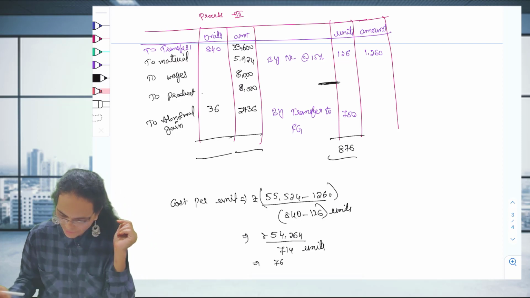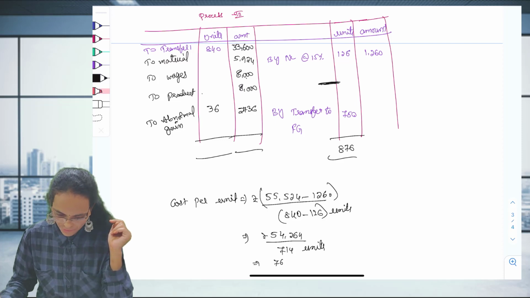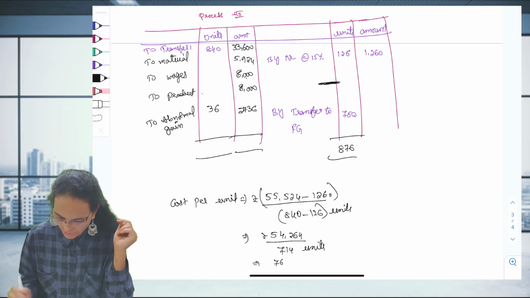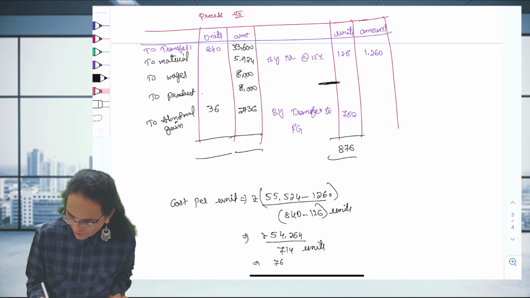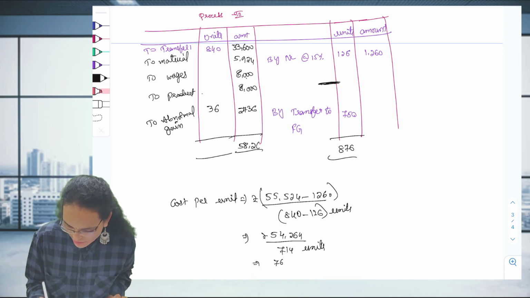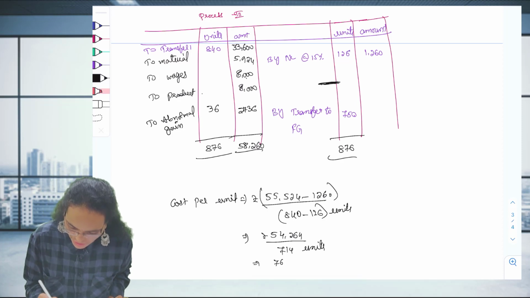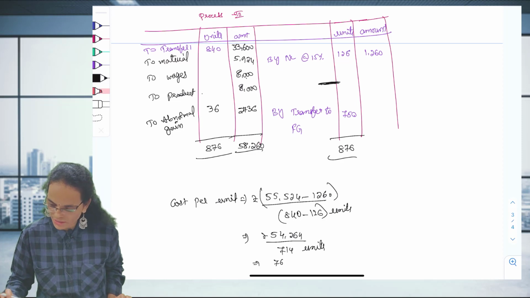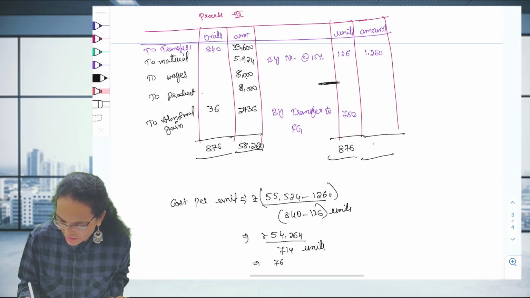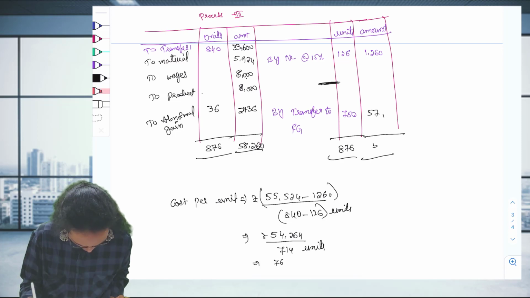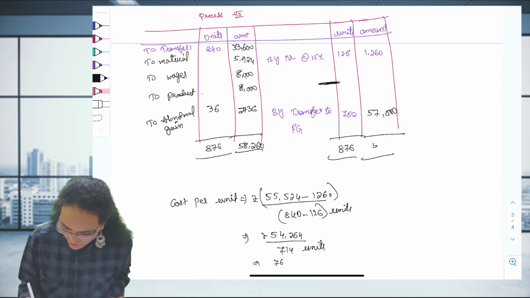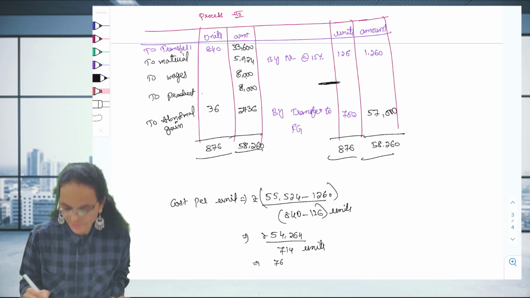Total 58,260, and here units also 876 minus 1,260, that is a balancing figure, 57,000 here. So here also you'll get 58,260.